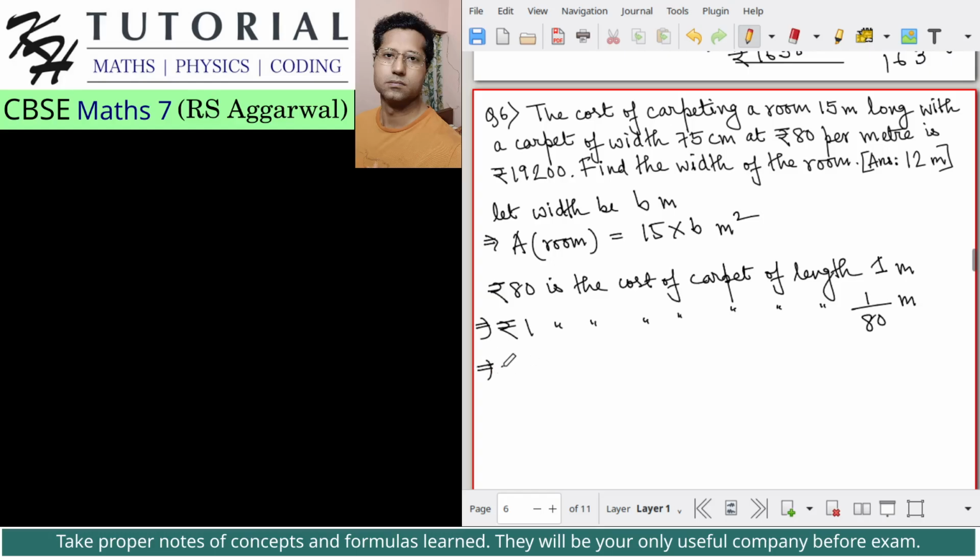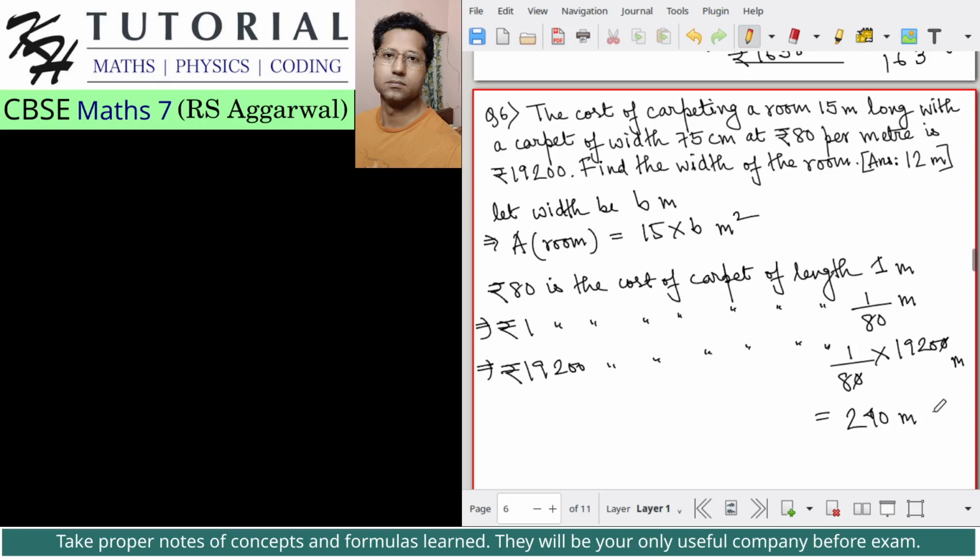So this implies the total cost, that is 19200, will be the cost of carpet of length 1 by 80 multiplied by 19200 meter, which, if I simplify 19200 divided by 80, is 240 meter.